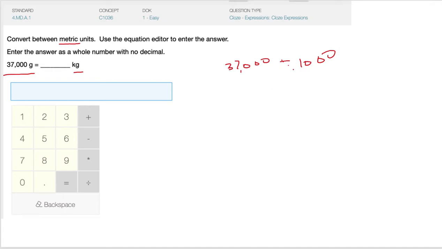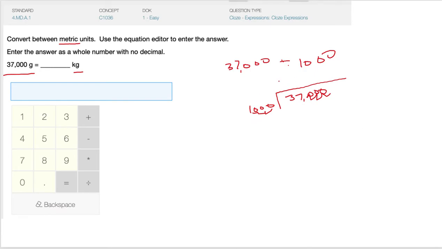All right, so 1,000 into 37,000. Now, if you know the trick for dividing by powers of 10 or dividing by 1,000, you might know that since there are 3 zeros in 1,000, when we divide by 1,000, we take off 3 zeros or 3 decimal places, and we end up with 37. But if you don't know that, you can do it the long way. 1,000 into 37,000.